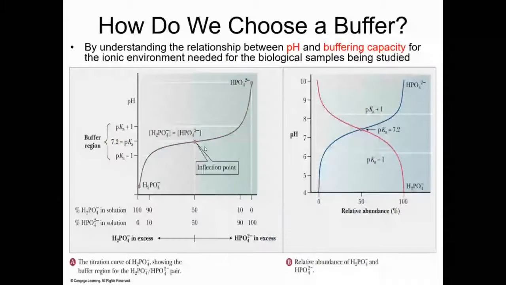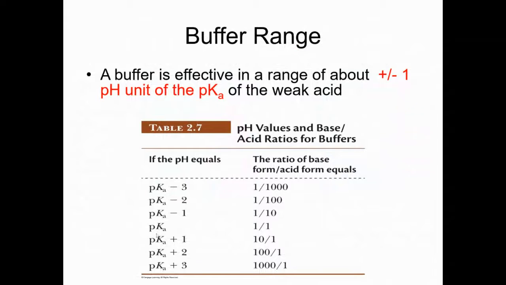And so from here, pKa. Let me show you this again. pH equals pKa plus log the conjugate base over the acid. So let's say you change the ratio of the base over the acid 10 times.